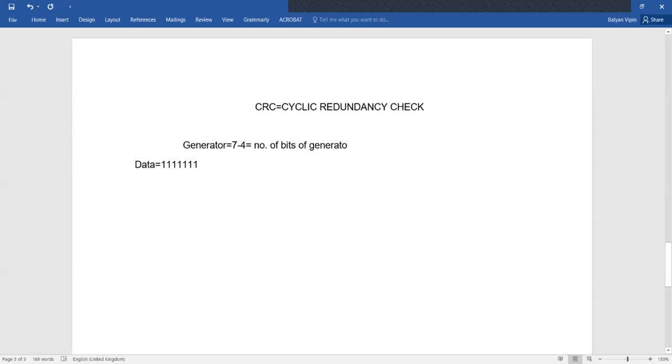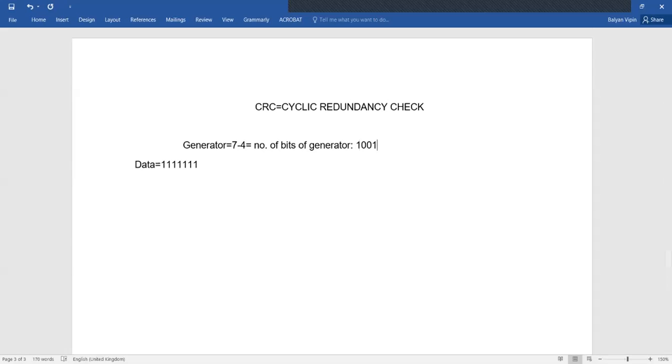The transmitter and receiver decide which 4-bit number you will be using. So let's assume that we are using 1001 as the generator.